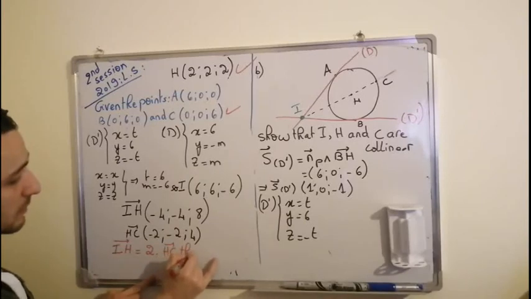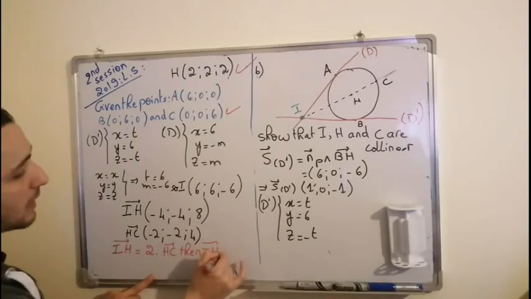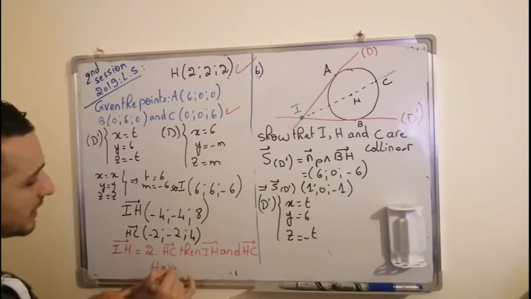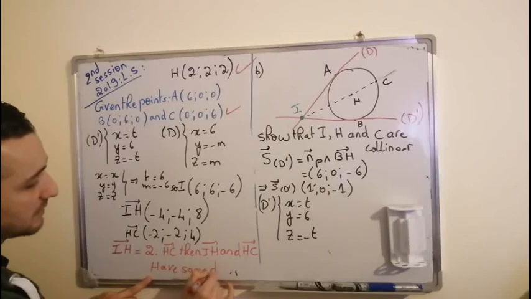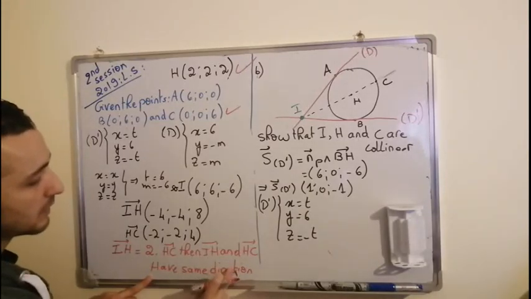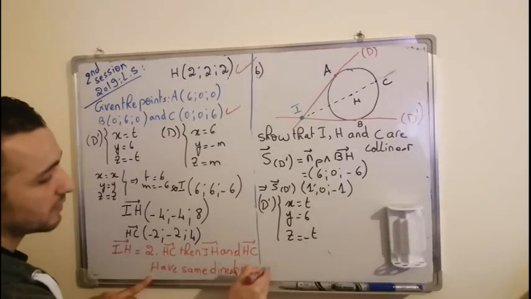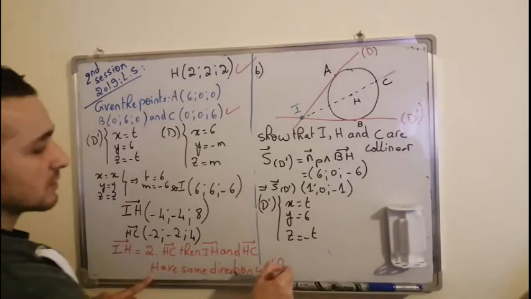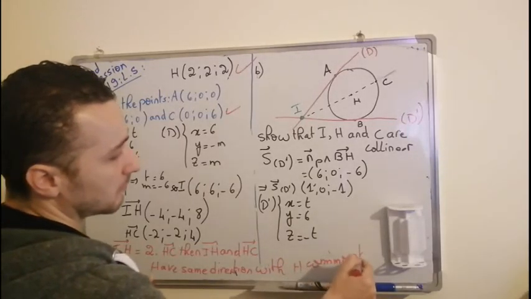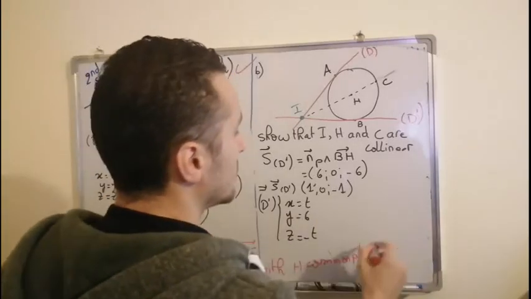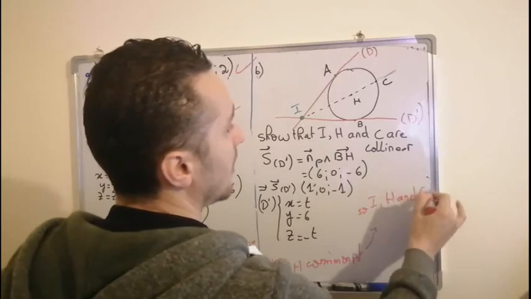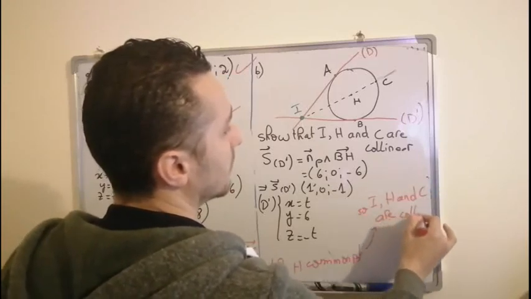Then IH and HC have the same direction, with H as a common point. So I, H and C are collinear.